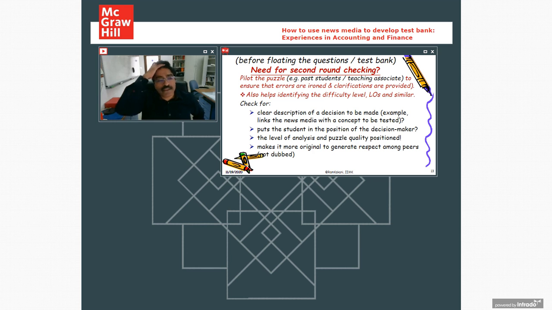Then I think another thumb rule Professor Rakesh is mentioning. Please understand that when you are doing a second round of checking, you will also get feedback on the level of analysis and the quality of the puzzle being used.